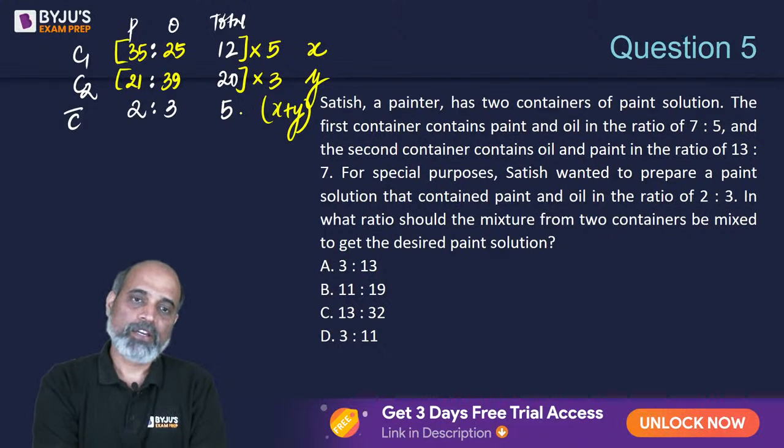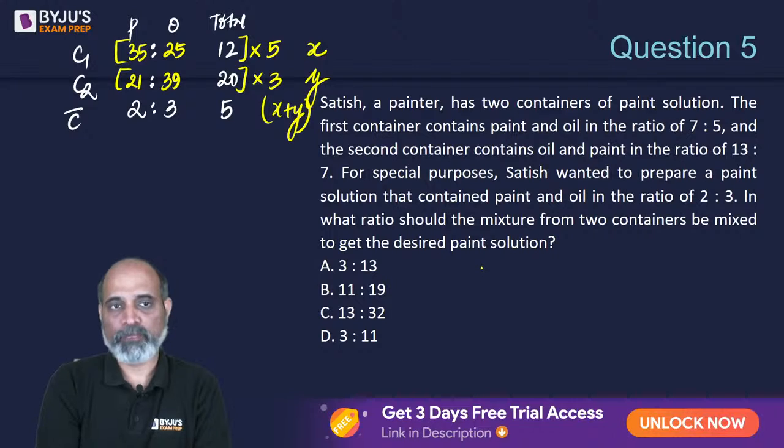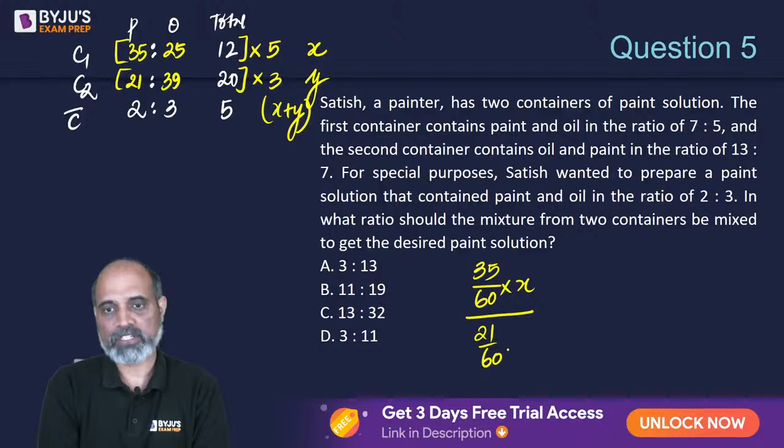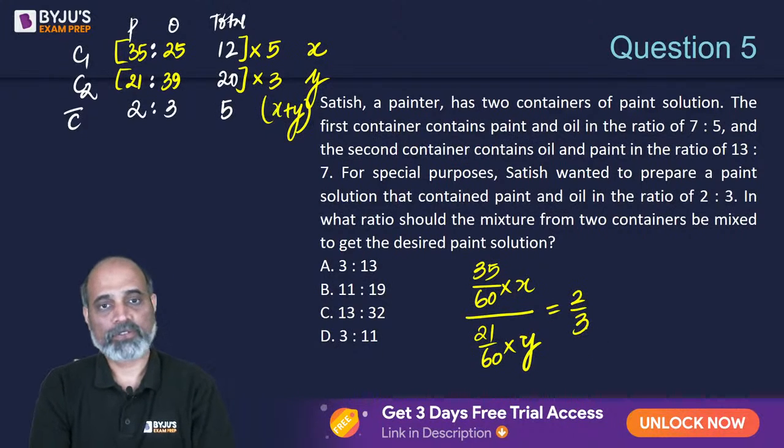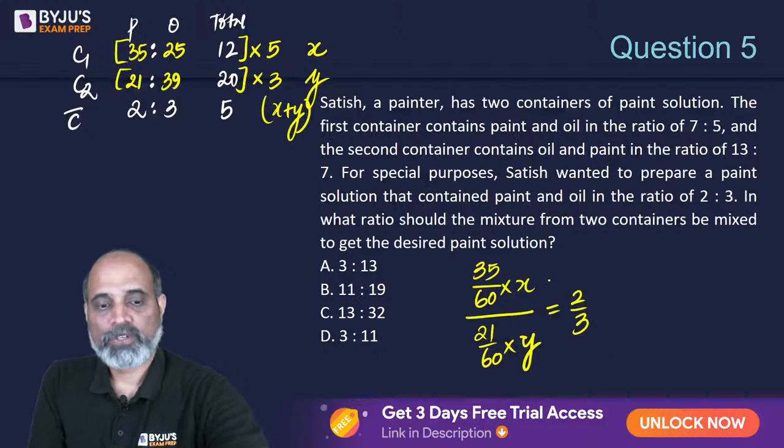So looking at this, can we say the amount of paint in the first container is 35 by 60 of X, and from the second container, it's 21 by 60 of Y, right? And this is 2 by 3. Sorry, we should have added it.